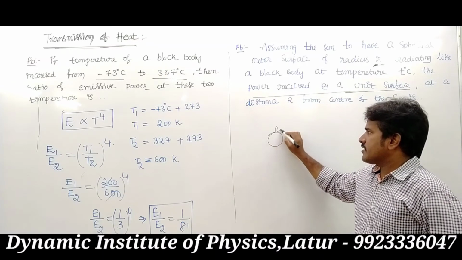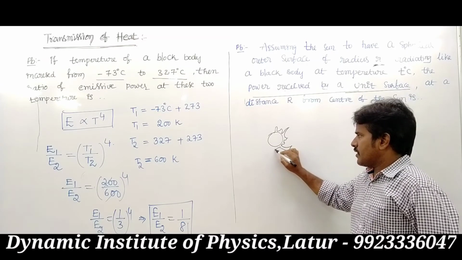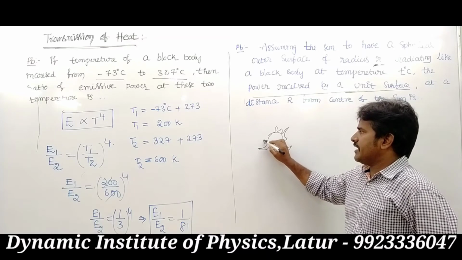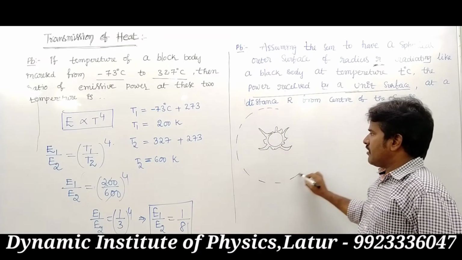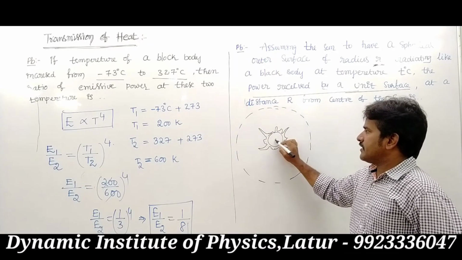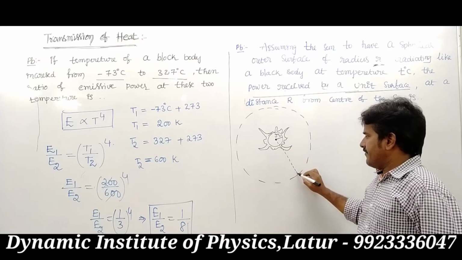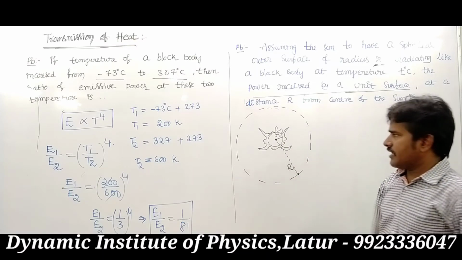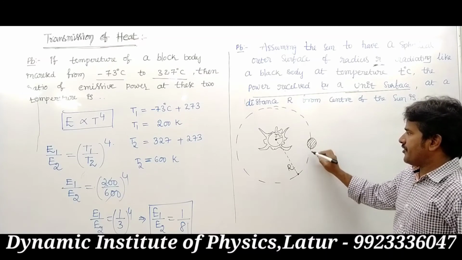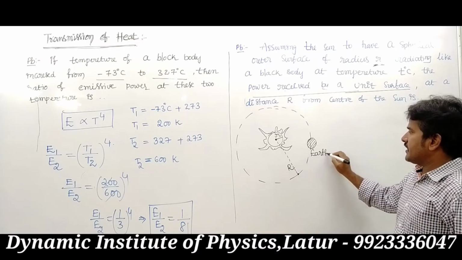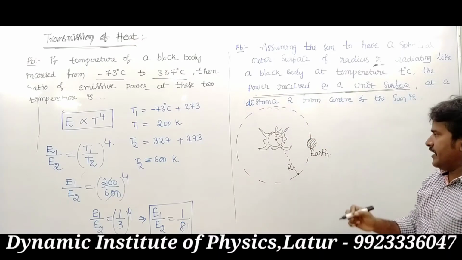This is the sun, and it emits radiation in all directions. This smaller radius is r, and the capital R is the radius of the surrounding. Here, this is the Earth, which receives the power per unit surface.